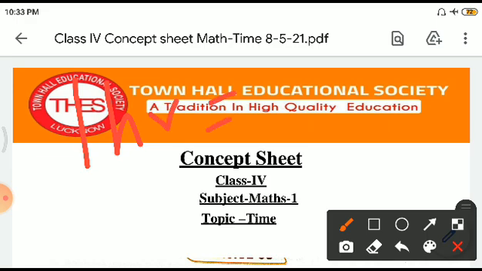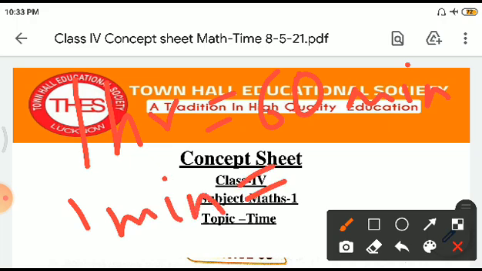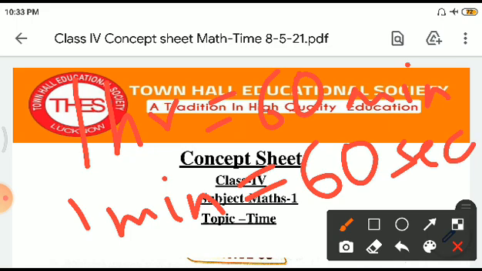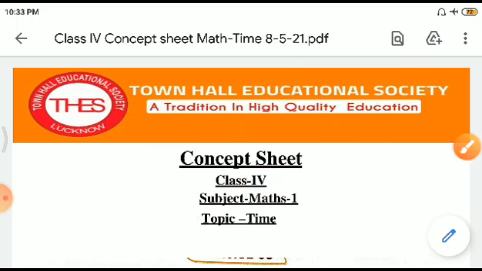The units of time are hour, minute, and second. So 1 hour is equal to 60 minutes. If I ask you 1 minute is equal to, you will say 60 seconds. So the basic units are hour, minute, and second.